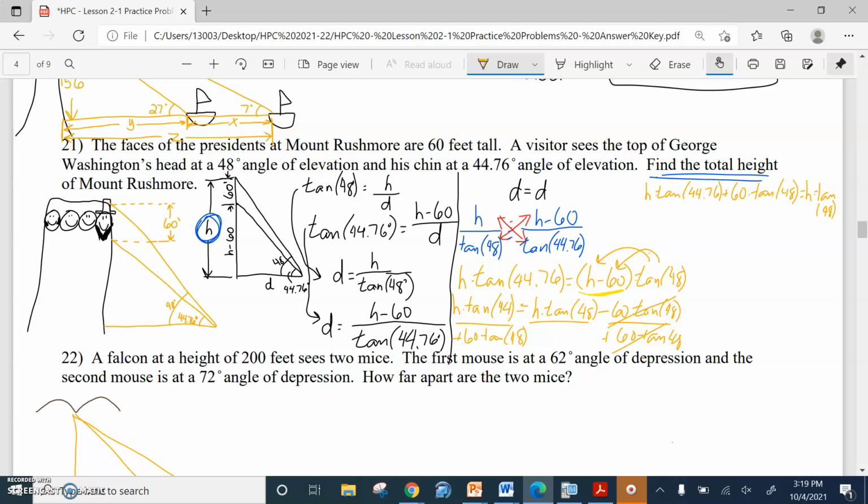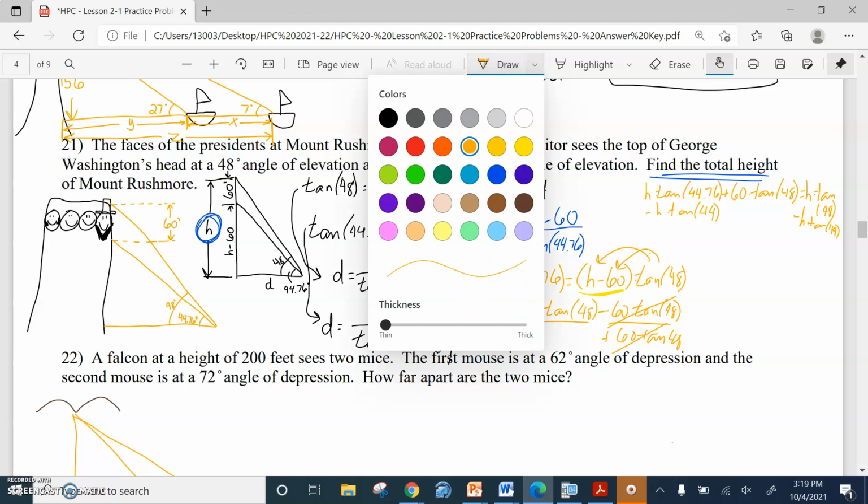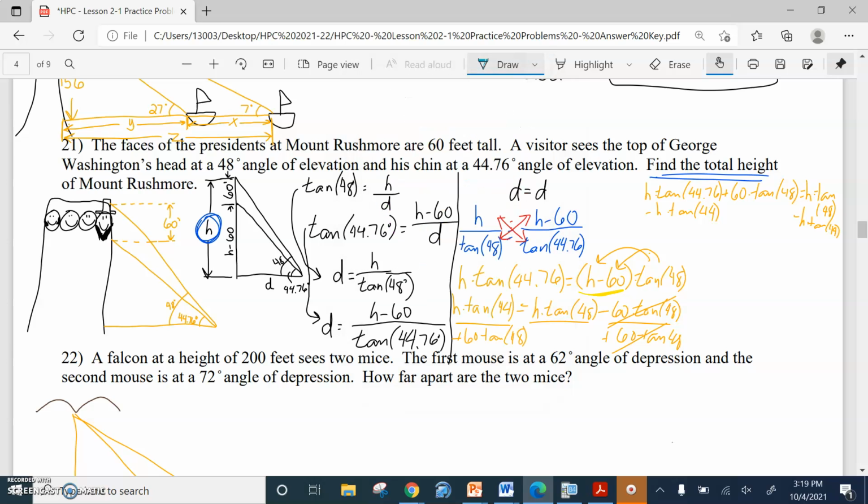Now, our h's are still on opposite sides of the equation, so now I'm going to subtract h tan 44 from both sides. And what we get is the 60 tan 48. This is a new line. Let's go color. So what we're left with, so right, like these two canceled. And they didn't cancel, they reduced out.